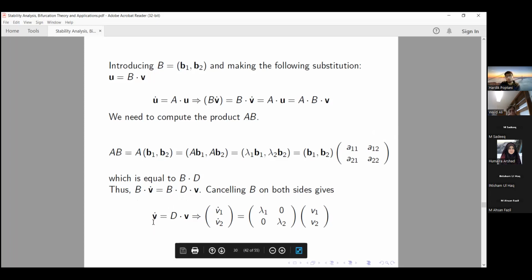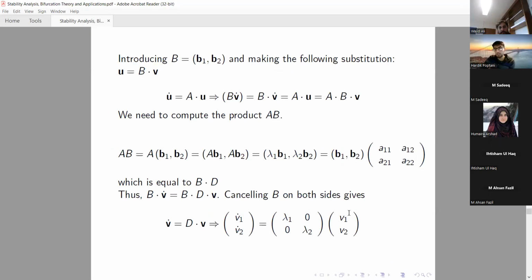So v dot is equal to D times v, meaning (v1 dot, v2 dot) is equal to the matrix with lambda 1, 0, 0, lambda 2 times (v1, v2). D is the diagonal matrix consisting of the two eigenvalues, and v1, v2 is basically a new basis of vectors. Like earlier, what we try to do is simplify so that the analysis can be done much easier.